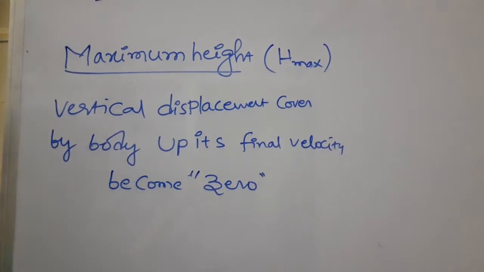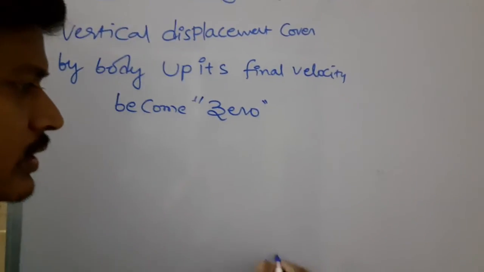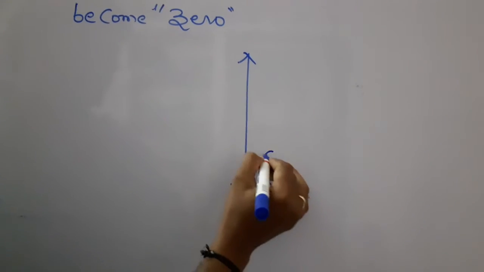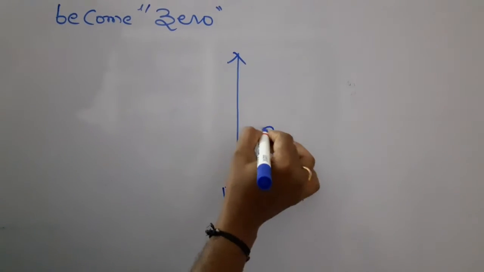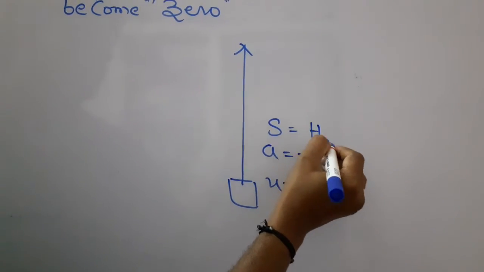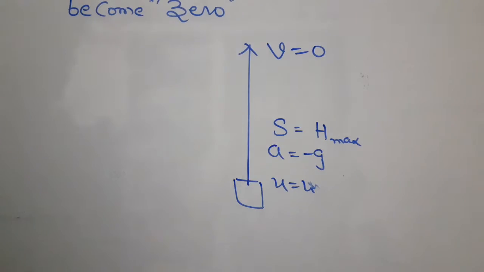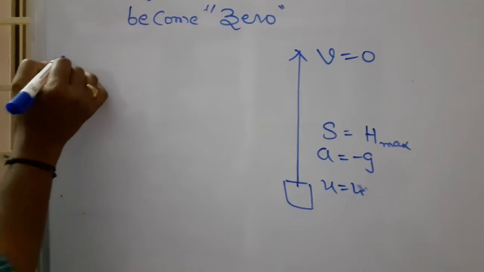Right. So we can consider a body projected vertically upward. Conditions: u is equal to u, a is equal to minus g, s is equal to h. Maximum height reached, final velocity becomes 0 after reaching that height.